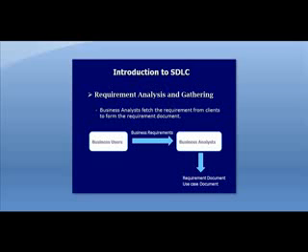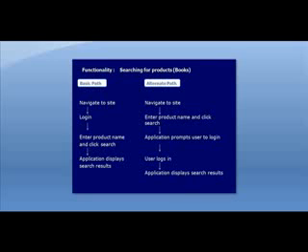Now let's try to understand this basic and alternate paths better by going back to our example of online bookstore. Let's take a scenario from our example of online bookstore. The functionality or the scenario is searching for products or books.